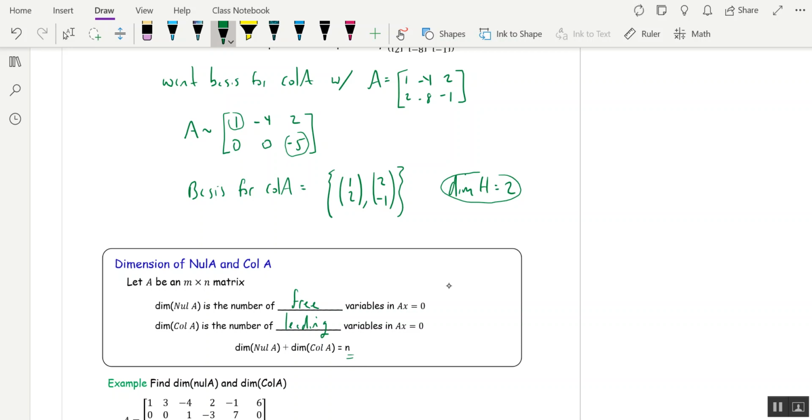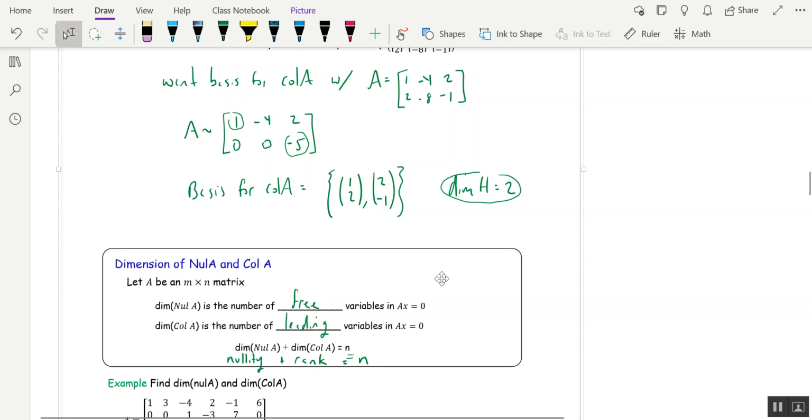So the theorem is dimension null A, which we'll call nullity next time, plus dimension col A, which we'll call rank next time, is equal to n. Rank plus nullity is n. Because together, you're either free or leading. So the free ones plus the leading variables has to equal the number of variables.